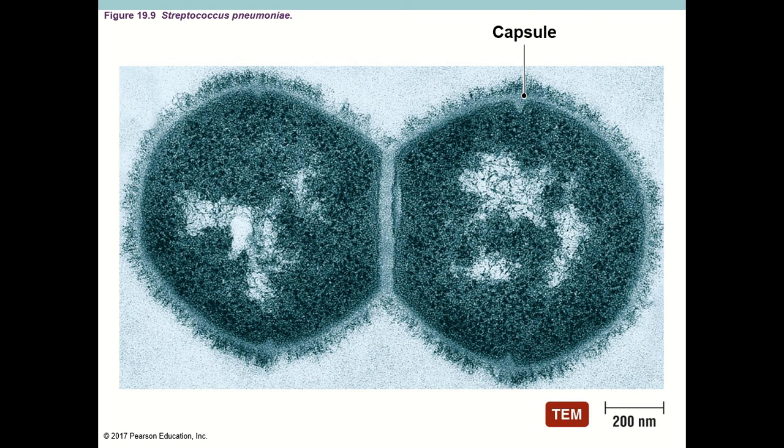IgA is immunoglobulin A, which is an antibody. So protease is an enzyme that Strep pneumoniae releases to kill the antibody. Okay, so if it kills the antibody, you can imagine that this bacteria has more of an opportunity to colonize the pulmonary tissue.